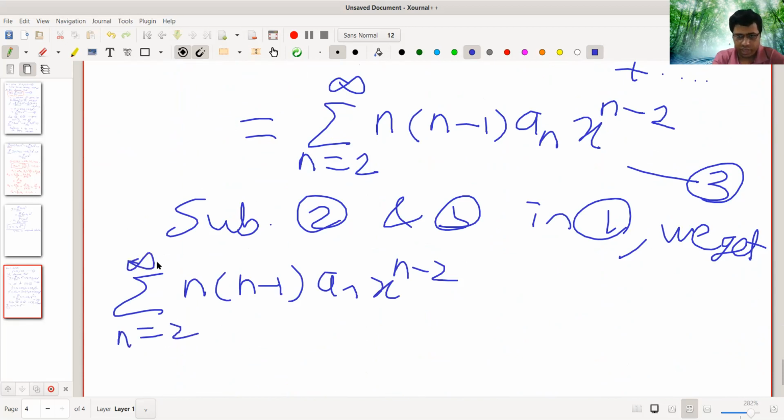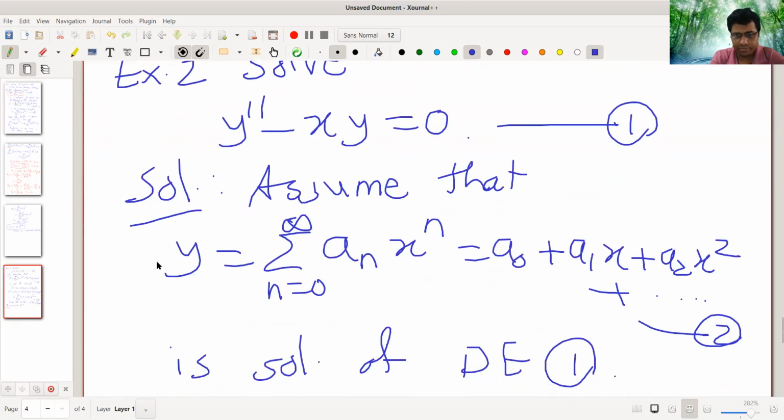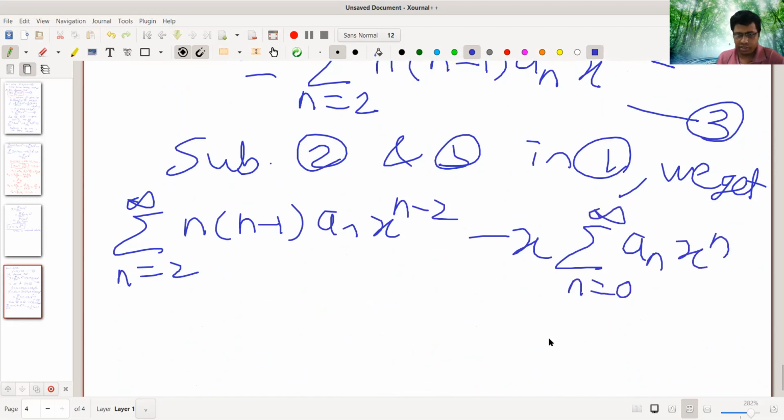Then we have minus x into y. Y is summation an x raised to n, n is 0 to infinity, equal to 0.